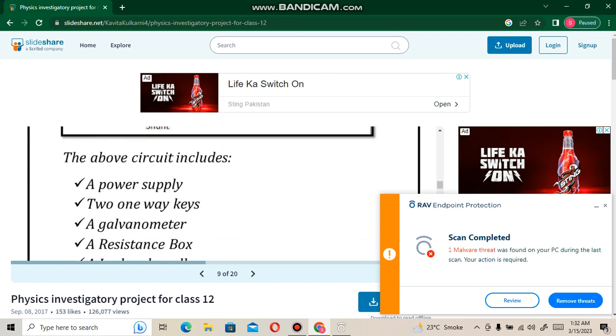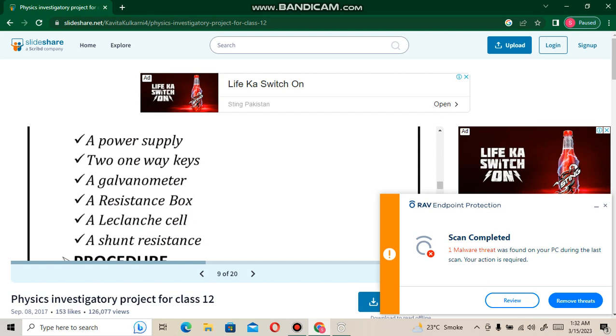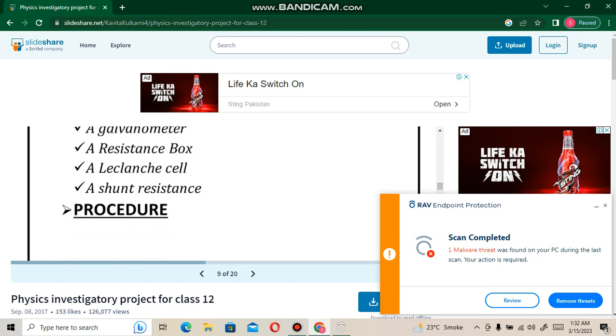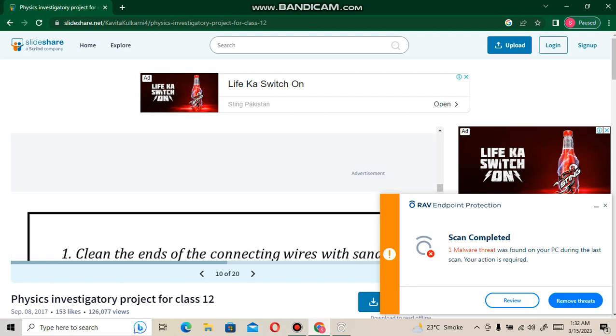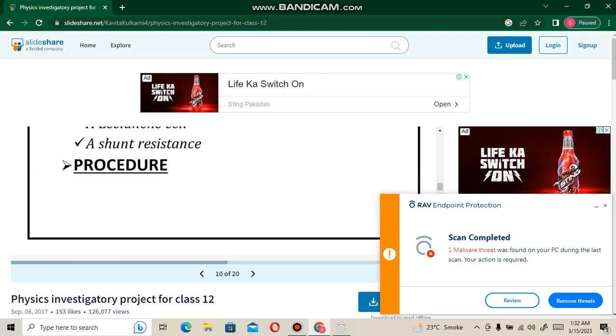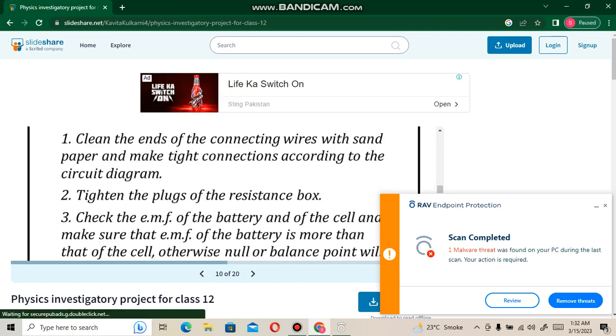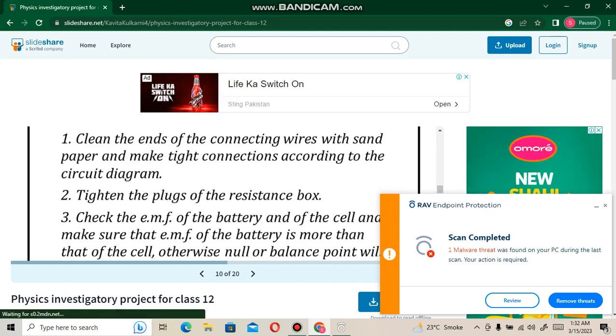This figure helps. The above circuit includes a power supply, two one-way keys, a galvanometer, a resistance box, a Leclanche cell, and shunt resistance. Procedure. Clean the ends of the connecting wires with sandpaper and make tight connections according to the circuit diagram.